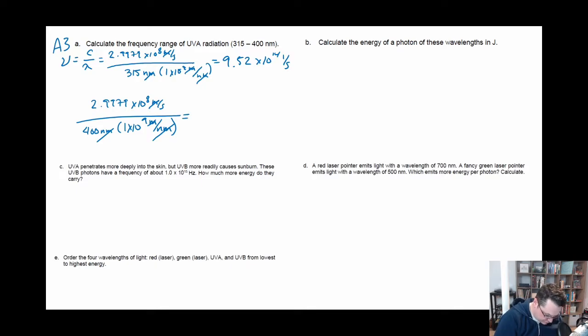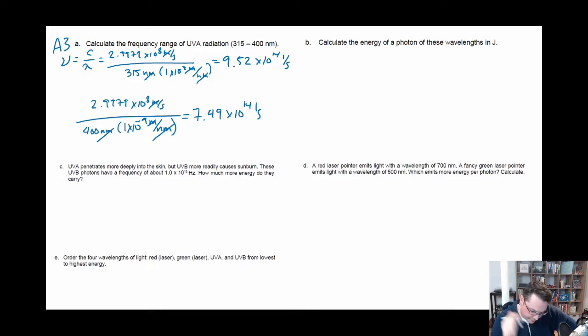What we get is 2.9979 times 10 to the 8th divided by 400 times 10 to the negative 9th. That comes out to 7.49 times 10 to the 14th per second, which I have here. So that's the range that you're going in those cases.